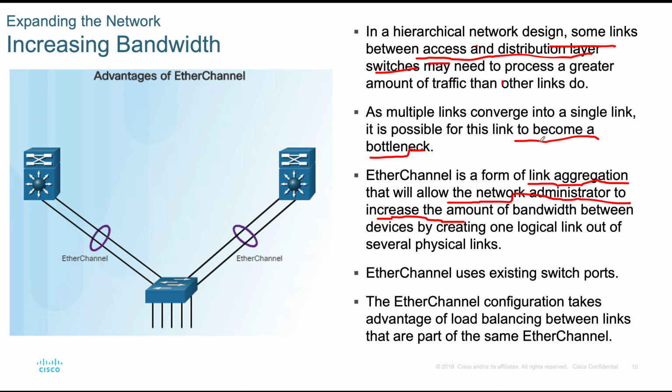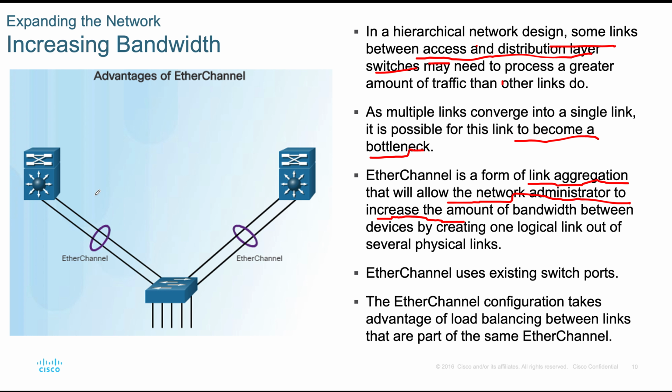How do we increase bandwidth? In a hierarchical network design, some links between access and distribution layer switches may need to process a greater amount of traffic than other links, right? So to do that, we use what we call the Ether channel.